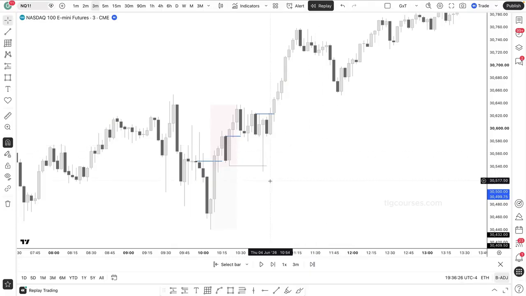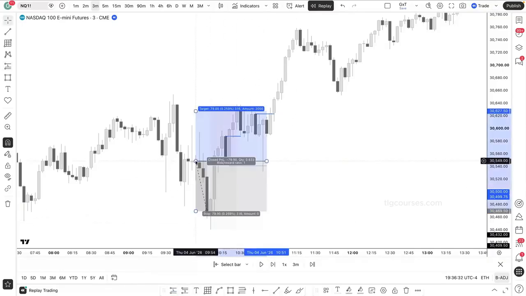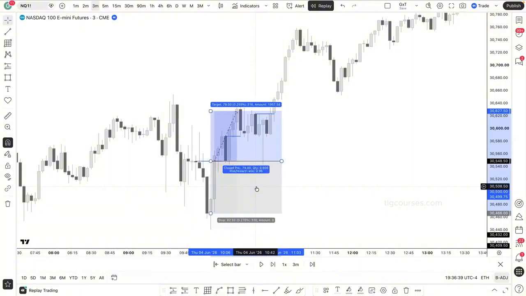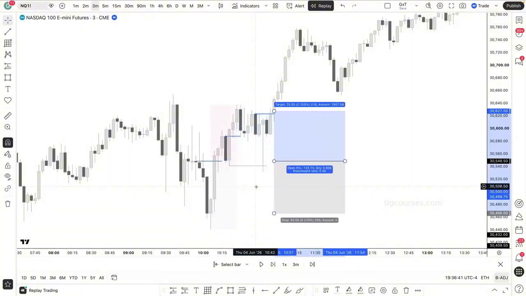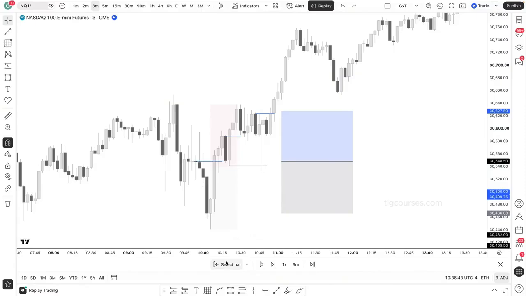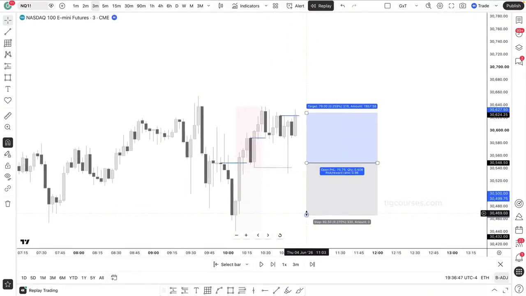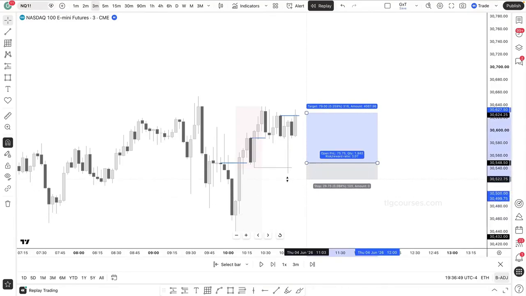But as you can see, we sweep this low in EQ. So our stop loss would look something like this. We'll be entering off of here, stop loss down here. Again, no reason to put it down here. But as soon as we have this CSD right here, our stop loss goes from 82 points all the way to here.